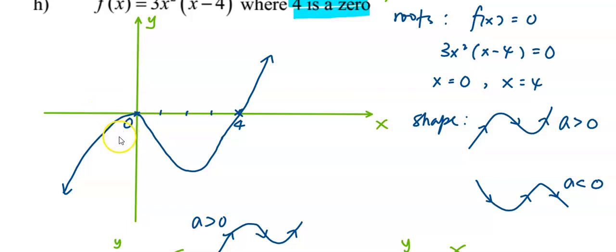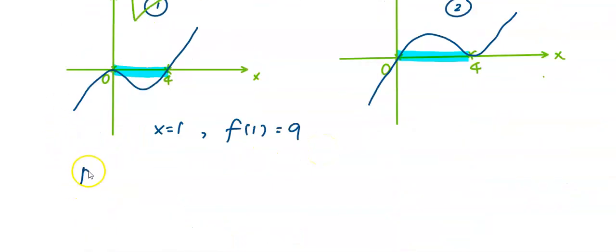They do not have any restriction on the domain. We just determine the domain and the range as usual. Thus, the domain and the range will be from negative infinity to positive infinity, because the domain doesn't have any special condition.